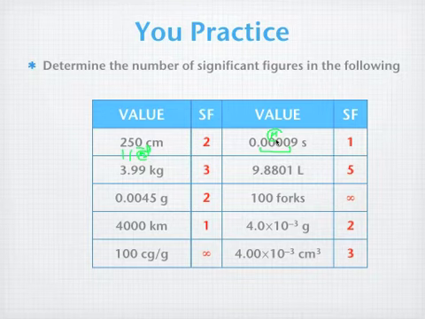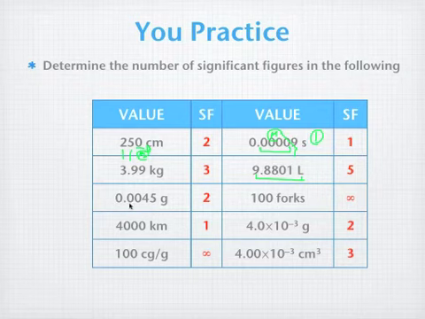If I put another 0 in there, it would change the value, right? That first non-zero digit tells me I've got 1 significant figure. In this third number, there are no zeros, so it's pretty unambiguous, 3 significant figures. In this fourth number, that 0 is included, so because that 0 is included, I get 5 significant figures.